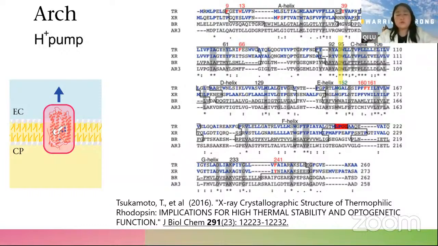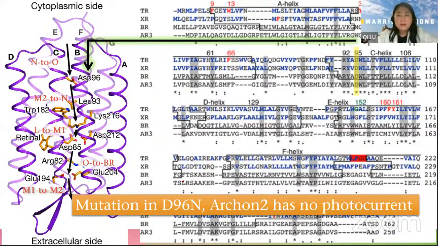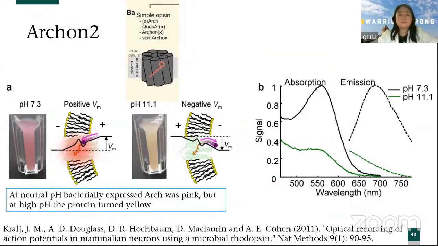So we need to do a mutation at this position to make the proton current flux through this pump less, or none. So there is only a conformation change and the color change of this rhodopsin, and we don't want any protons to change the intracellular pH of the targeted cells.